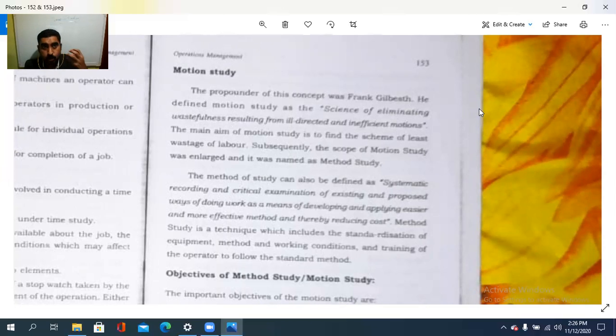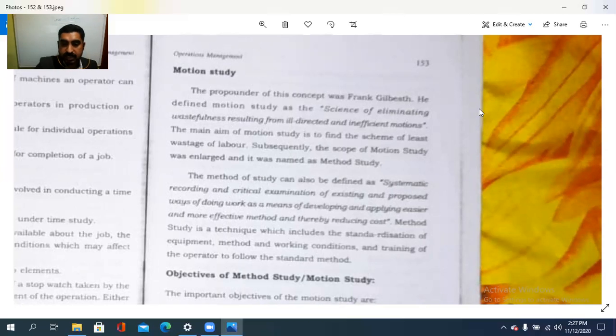The methods to be adopted for the smooth functioning of the production process. Developing and applying easier ways for doing the work, and also more effective methods, and thereby reducing the cost. That is the method study.